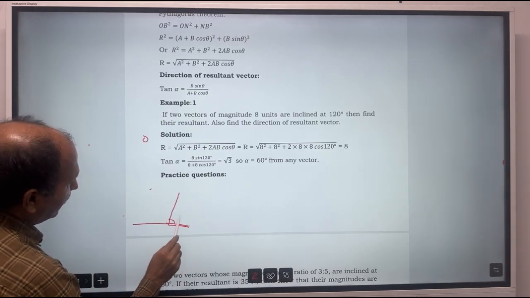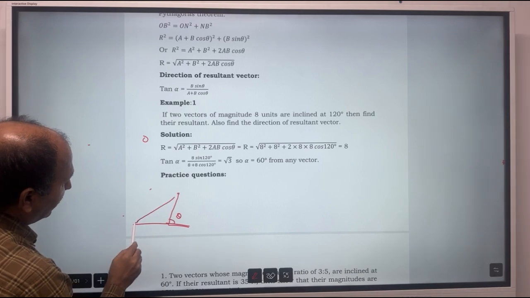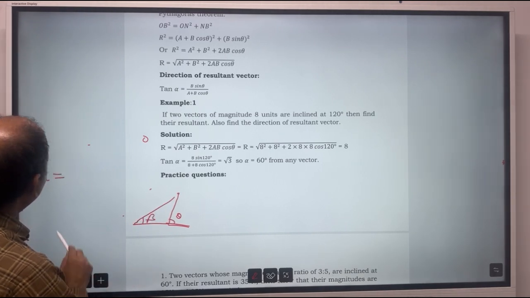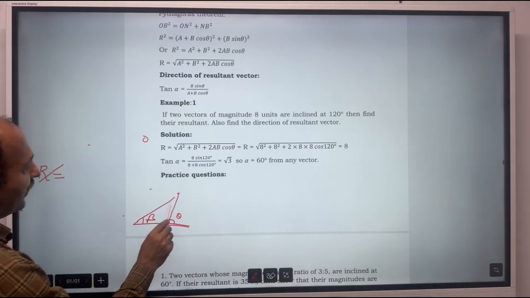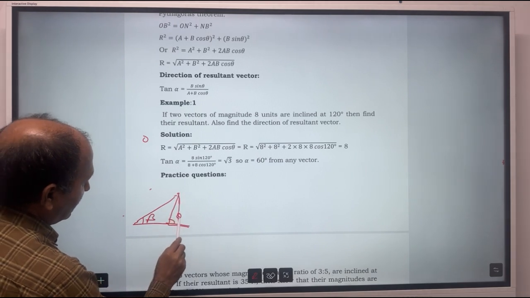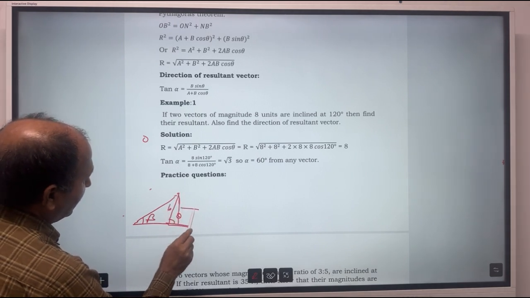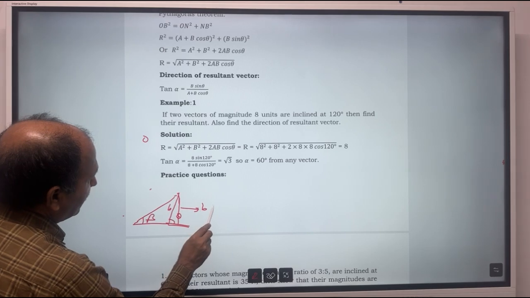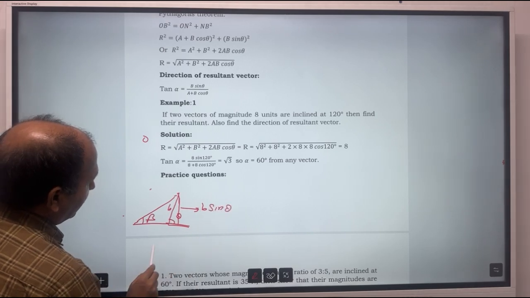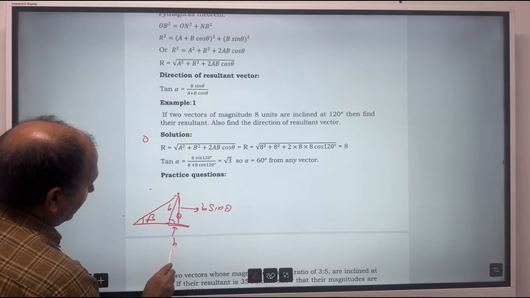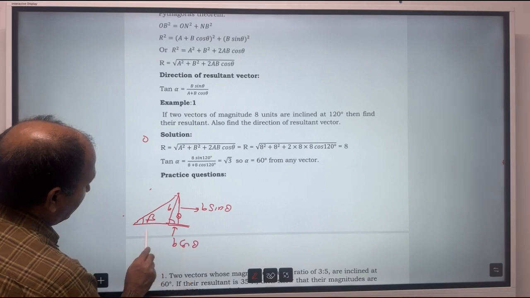When this angle is theta and this is, say, beta, so when we want to find beta, say this is vector b, so this is b sin theta, and this is b cos theta, and this is vector a.